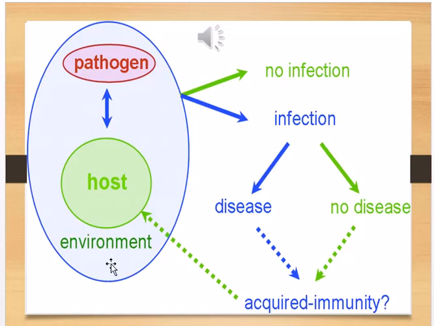If you look at the pathogen and host, normally the microbes inside our bodies are non-harmful. Those living outside our bodies are harmful at times, but not always. If a pathogen that enters our body causes disease, it has passed through those different layers, and our body will recognize that pathogen, which is called acquired immunity.